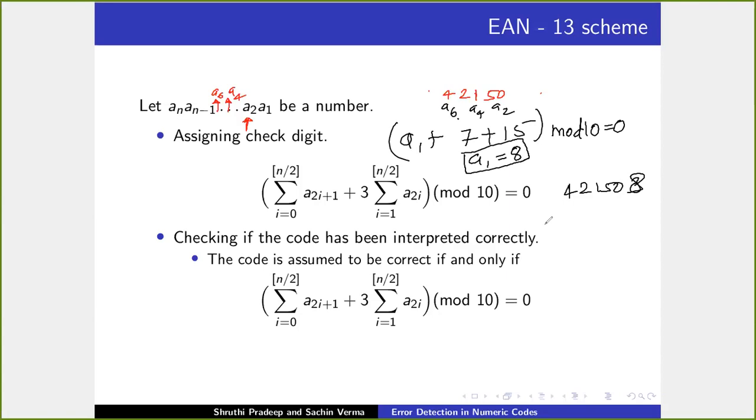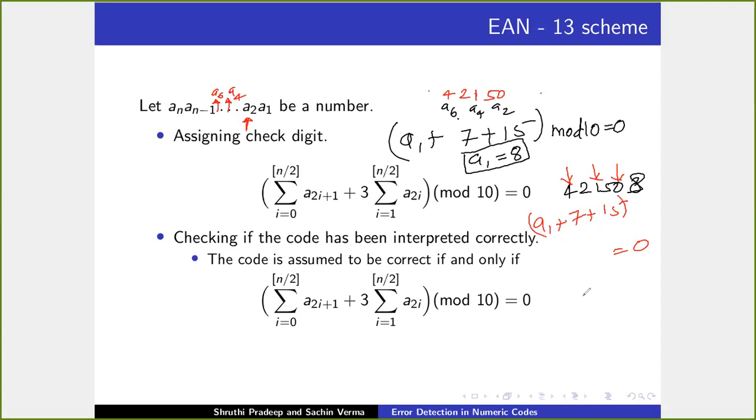So actually I was giving examples. These even positions we multiply by 3 and then we add them. So what I've done is I added first: 4 plus 1 plus 0 will be 5, and then 5 threes are 15, and this is actually my check digit basically. 2 plus 5 will be 7, and I know that when I add all these numbers and take modulo 10, I must get 0.